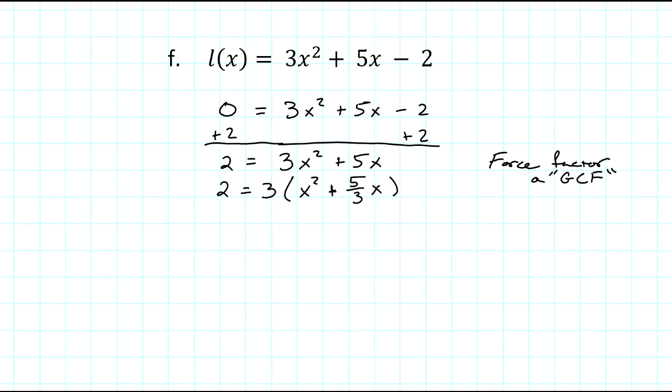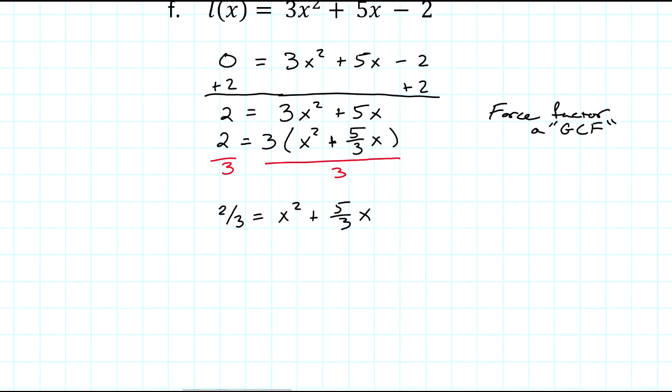Okay, so then I can divide the 3 off the front here to get 2/3 equals x squared plus 5/3 x. And then to complete the square, I'll skip a line and say we want x plus half of 5/3.